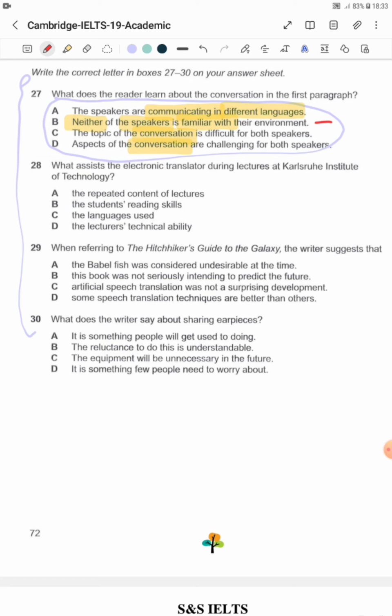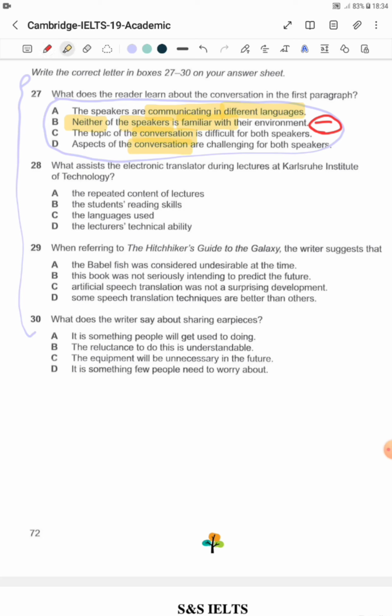So never forget. Be mindful of the negative keywords like none, neither, not. These are really important because maybe they converse the concept. You might assume the answer is correct, but it is conversely wrong.